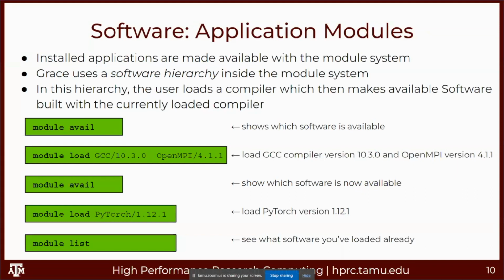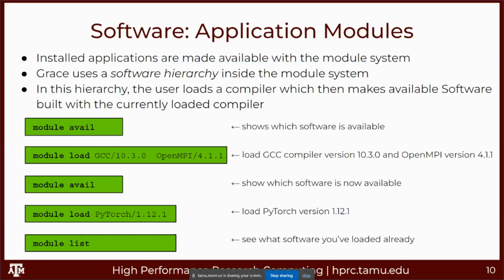So to access our software, we use a module system. Grace uses a software hierarchy. A lot of software is very complex and requires a lot of different compilers, libraries, and dependencies. So instead of having all the software simultaneously installed, we use a module system so we can pick and choose which software we want to have access to and be available to us.